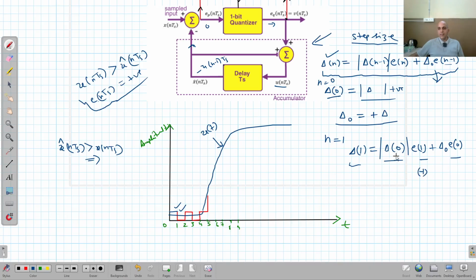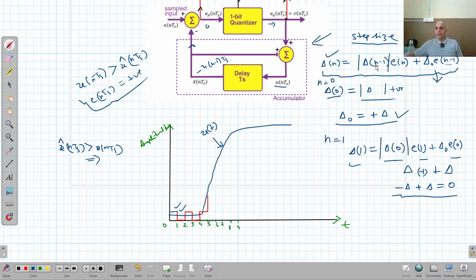And delta naught is what? Delta naught is delta. You have written it here already. So delta into minus 1, minus delta, plus delta, that is equal to 0. So what did we do?